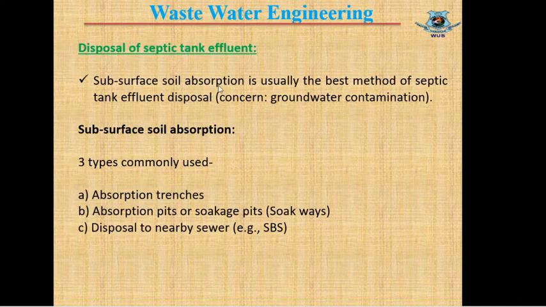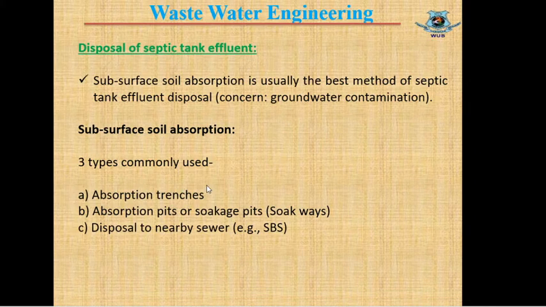Septic tank effluent can be disposed into a subsurface soil absorption system, and it is usually the best method. Subsurface absorption means to store the effluent into the soil, at a reasonable distance from the groundwater table, to prevent groundwater contamination.